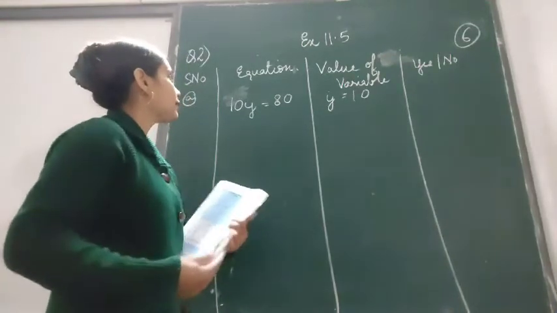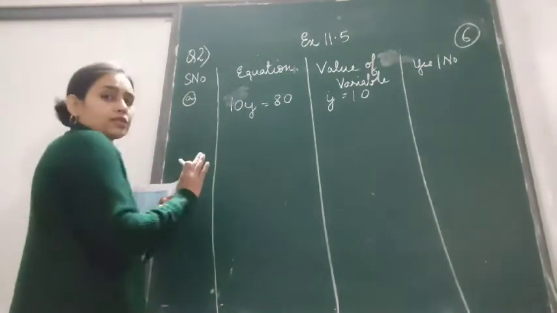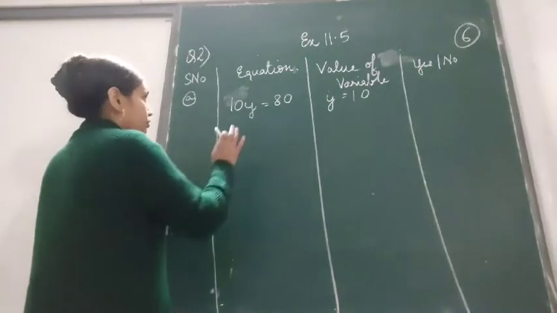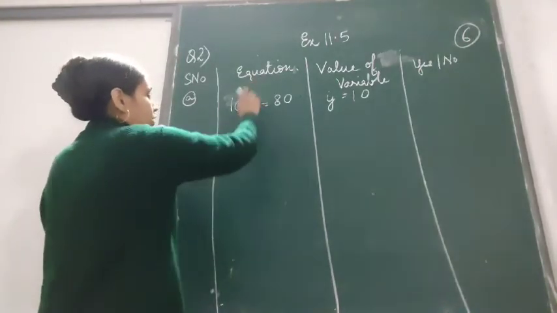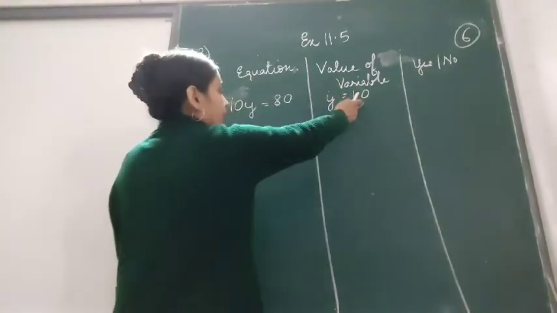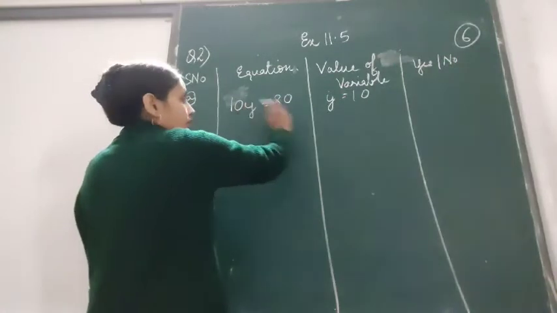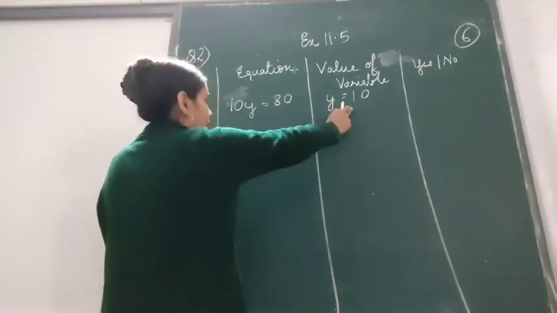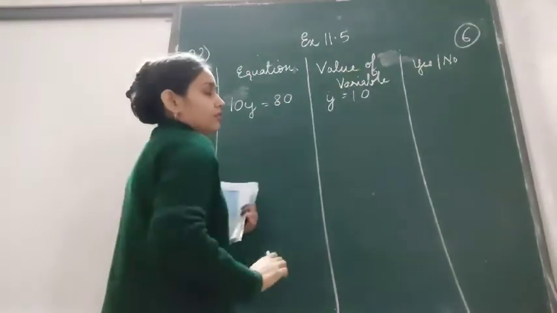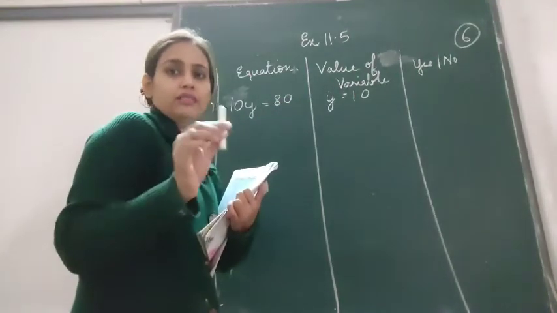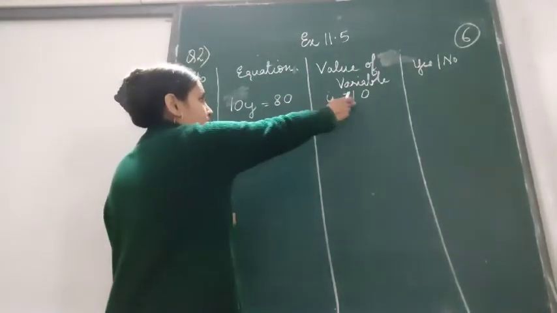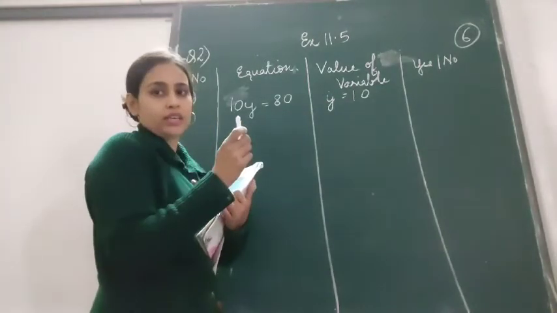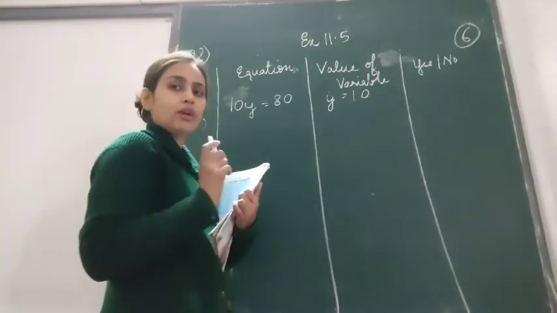So here, very simple. The first column is about the serial numbers, that is A, B, C, D, 1 to 3. The equation is given, then the value of the variable, that means at what value is the condition, and whether the condition is satisfied, that means whether this answer is correct or not, we have to write yes or no. How to find out?